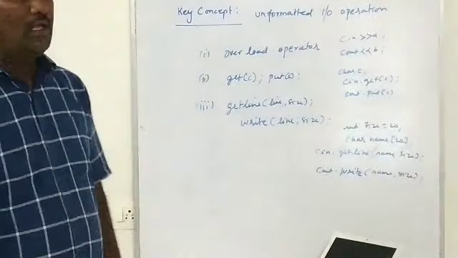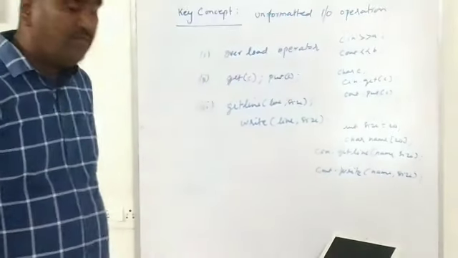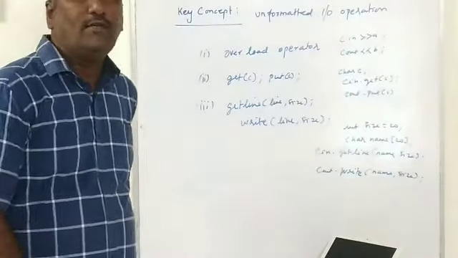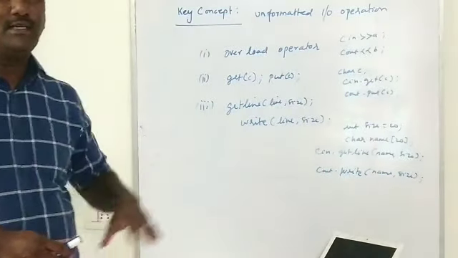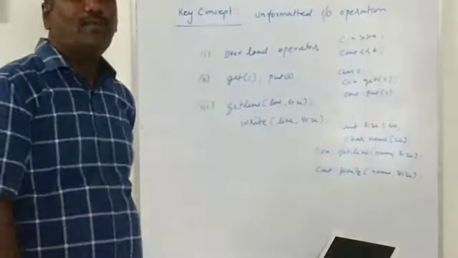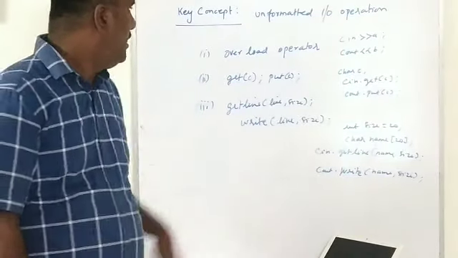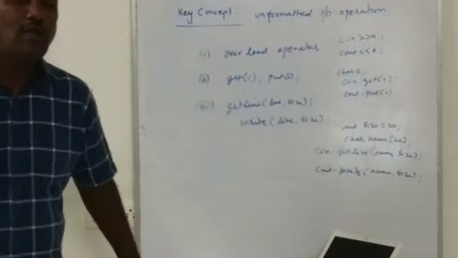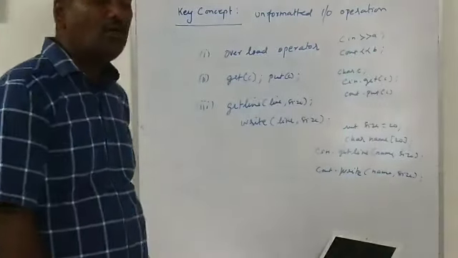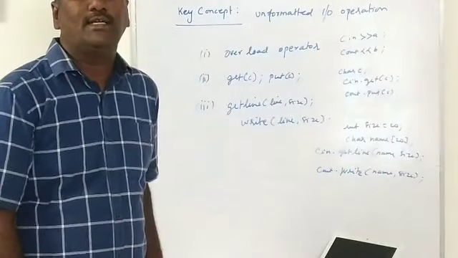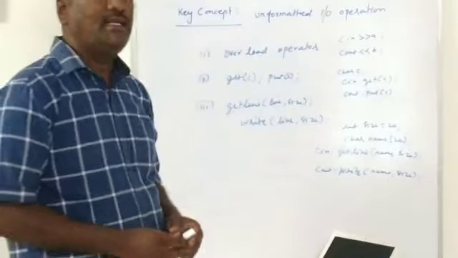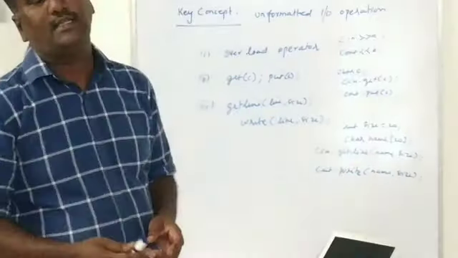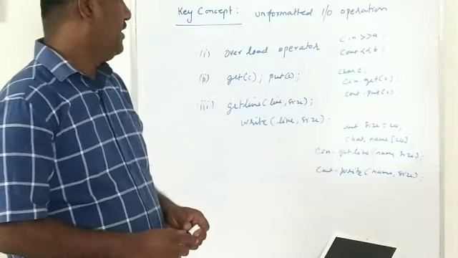Finally, the key concepts of unformatted I/O operations. First, the overloaded operators, which are nothing but the insertion and extraction operators. These operators are used with cin and cout for getting input and displaying output.